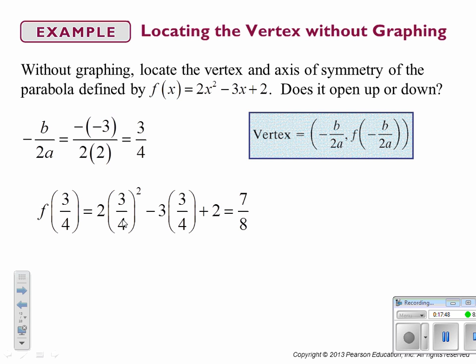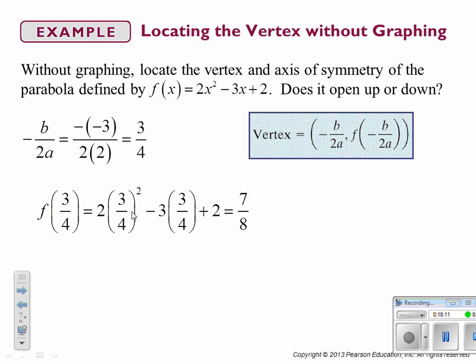9/16 times 2 is 9/8. So we have to square it and then multiply it by 2. 3/4 times 3 is 9/4, and then plus 2.